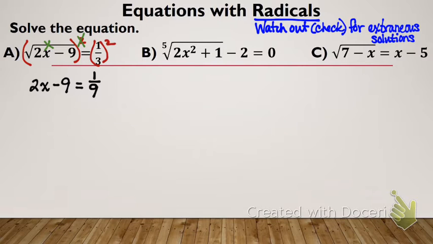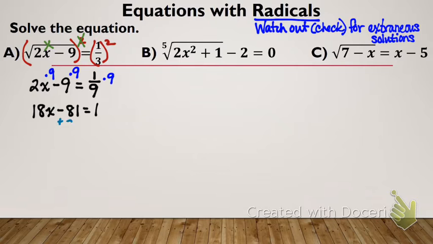What can I do at this point if I don't really want to mess with a fraction? I can multiply everybody by 9. Can I do that if it doesn't have an equal sign? No, it's got to have an equal sign if you want to do that. All right, so I would have 18x minus 81 equals 1.